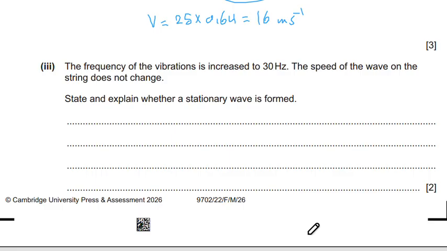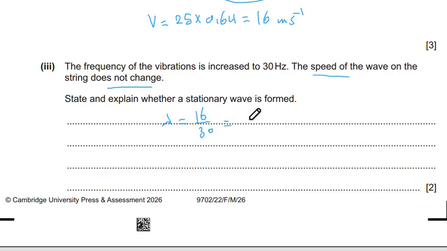When the frequency becomes 30, this means lambda equals V over F, 16 over 30. I choose 16 because it doesn't change the speed.